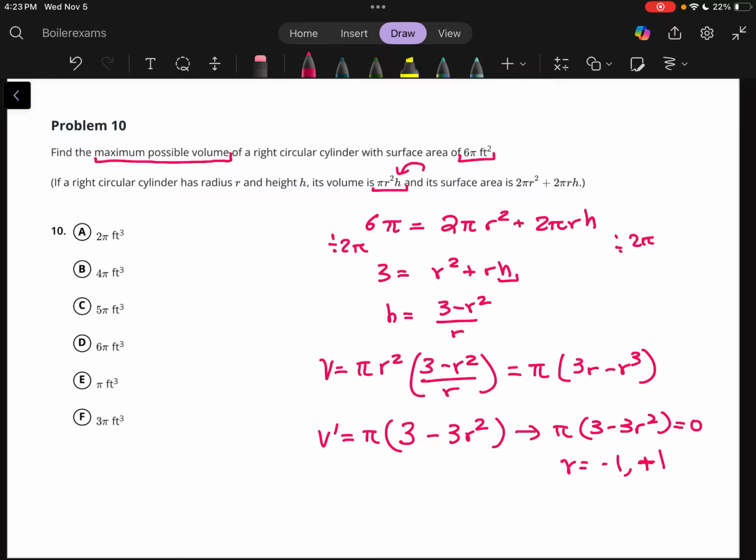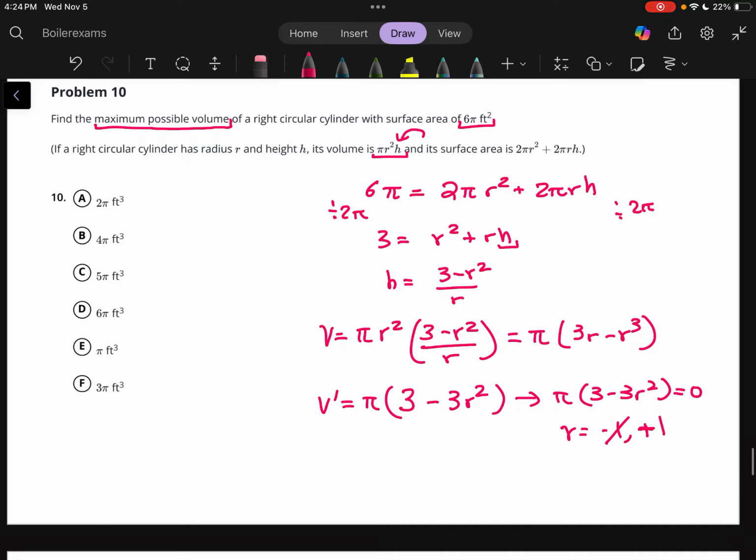So the radius that maximizes our volume is r equals 1. And all I have to do now is plug r back into my expression for volume. So volume equals pi times 3 times 1 minus 1 cubed, which equals 2 pi. So that means that the answer for 10 is A.